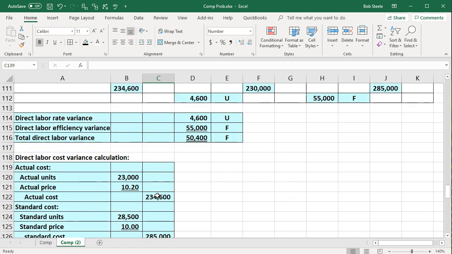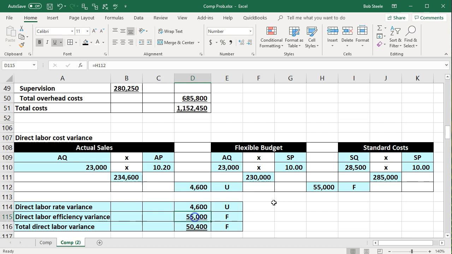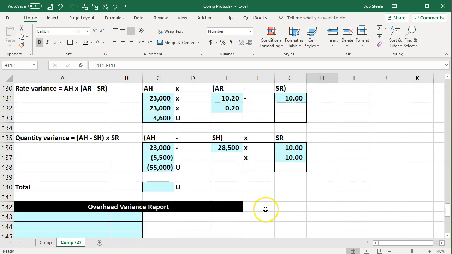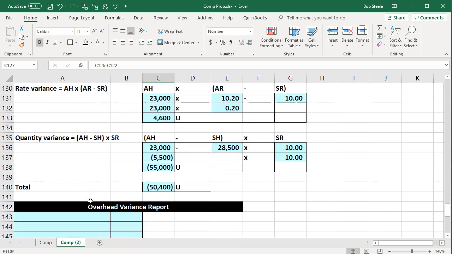And that of course matches the 55,000 that we calculated up top for the direct labor efficiency variance. Okay, then if we were to subtract those, I'm going to do it with a formula, the 55,000 minus the 4,600 is the 50,400, which again we calculated here. We see the total here, 50,400.